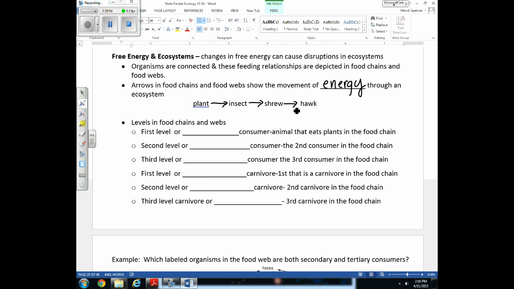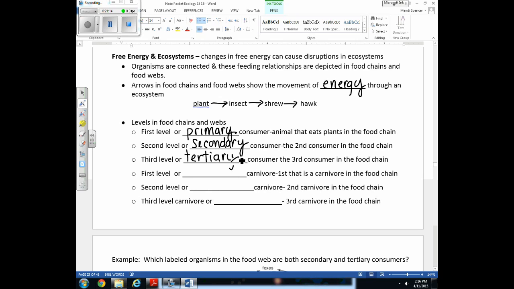And of course in science we give everything two to three names to confuse you all. So if I'm referring to that first level consumer, I can also call it the primary consumer. If I'm talking about the second level, I can call it the secondary consumer. If I'm talking about the third level, I can call it the tertiary consumer.